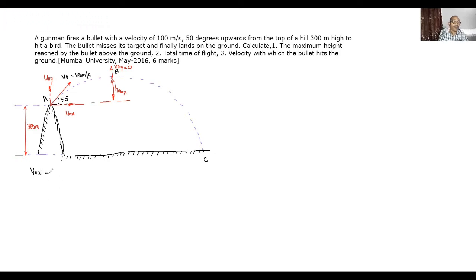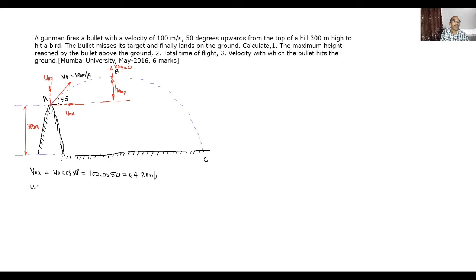In this case u0x is a horizontal component of velocity. That means this will be u0 cos 50, which is 100 cos of 50 degrees. If you calculate using a calculator, this component u0x comes out to be 64.28 meters per second.